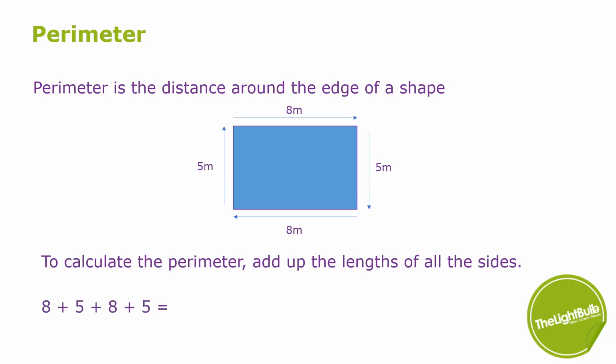If we add up all of those, the total distance is 26 meters. And that's it, really. That is how perimeter is calculated, adding up each of the individual lengths.